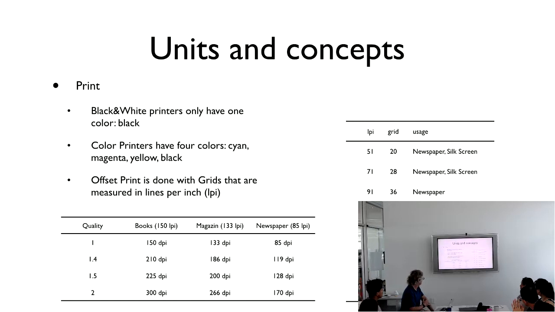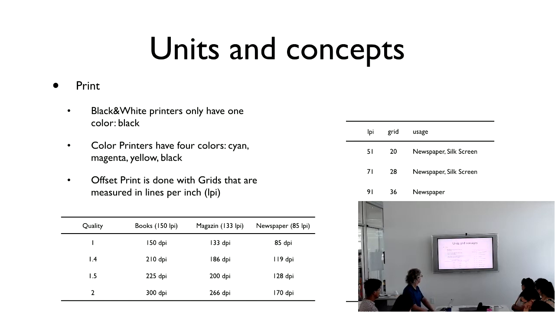Interestingly, there are also still other units out there. Something that unless you've been a designer you usually will not have access to is something called LPI, lines per inch. That refers to a certain type of printing, which is called offset printing, and we'll get to that a little bit later. They use yet another measurement of density called lines per inch.